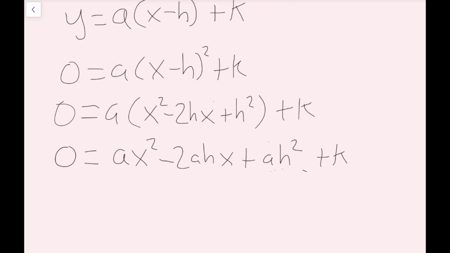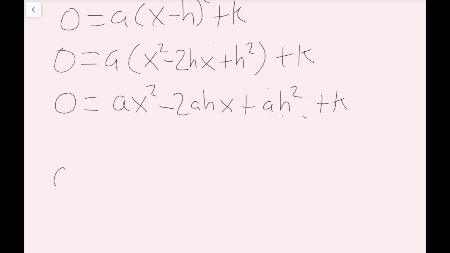Now technically I have a standard form equation. I have something times my x squared term, something times my x term, and then some constant term, which in this case is made up of multiple constant terms. So I'm going to write the standard form of a quadratic equation below this: 0 equals ax squared plus bx plus c.